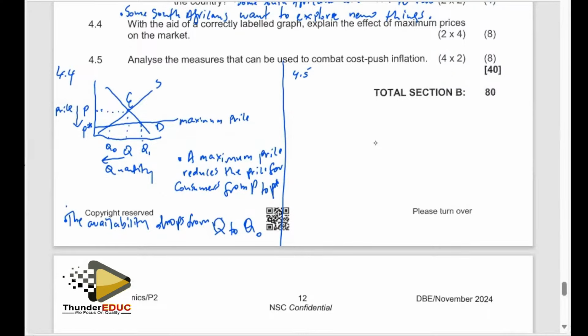Okay, right? You're saying that price control is a direct method. Okay.